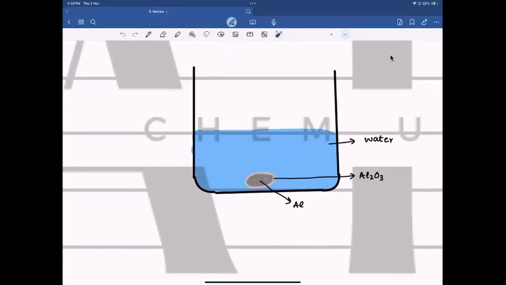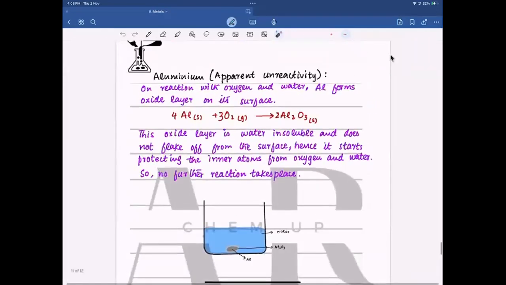So it looks like the reaction does not occur. That's why we call it apparent unreactivity with oxygen and water. Is it clear?